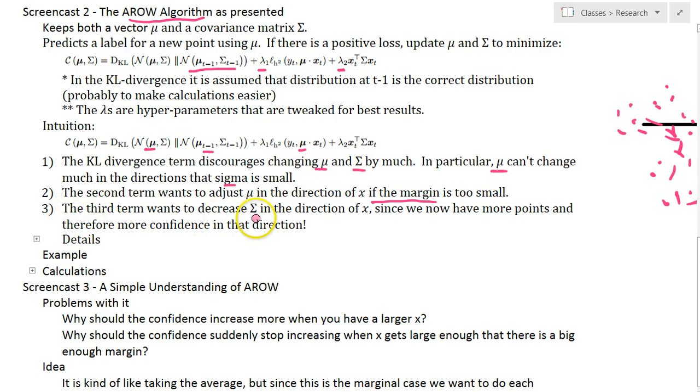And the third term is trying to decrease sigma in the direction of x. I think this kind of makes sense. The more points we have in the direction of x, the more confident we are, right? It's like we've got an average of more points in that direction. And so therefore we want to make the variance in the direction of x smaller, which is why we throw this term in. So we're trying to minimize this, which means we try and make sigma smaller in the direction of x.